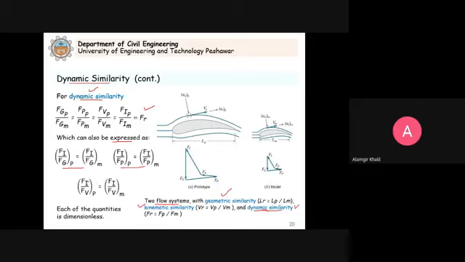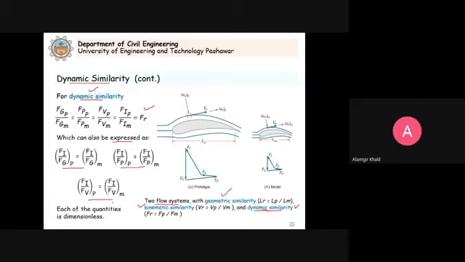And it can also be written, inertia by viscous in the prototype, this ratio is the same in the model. Now you see that if we consider a 4 forces system, then we have to satisfy these 3 equations that we get. Similarly, with 3 forces in a system, we have to satisfy 2 independent expressions, and so on.